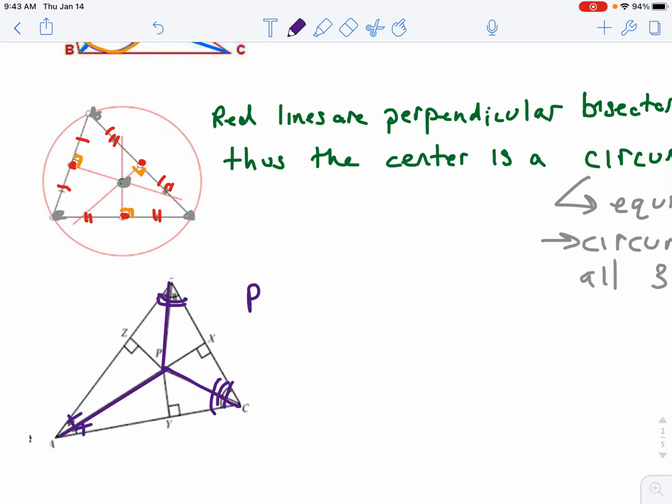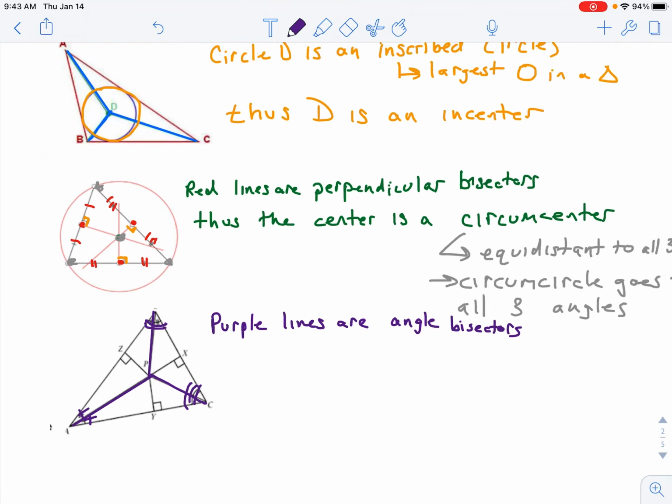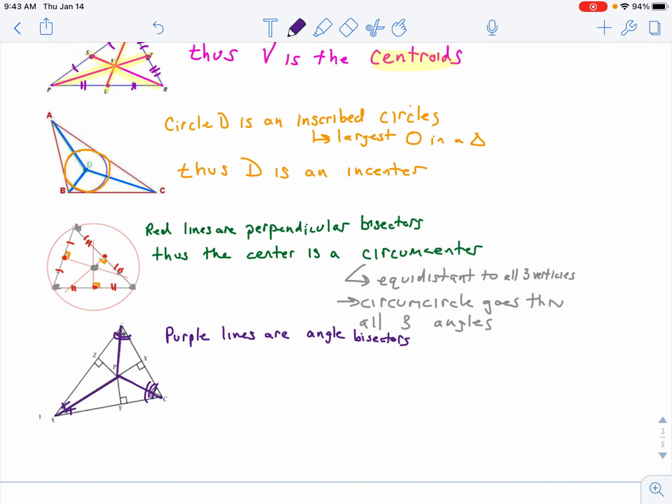So these purple lines are angle bisectors. So they're actually a center. They form a center we already talked about. Point P in this case is another incenter.